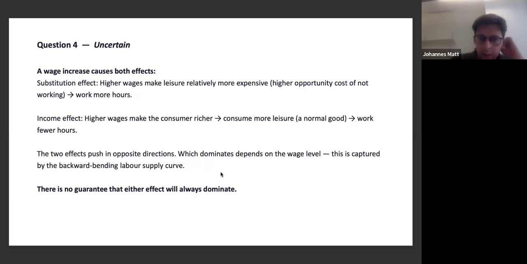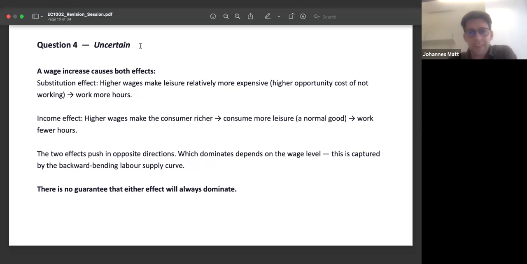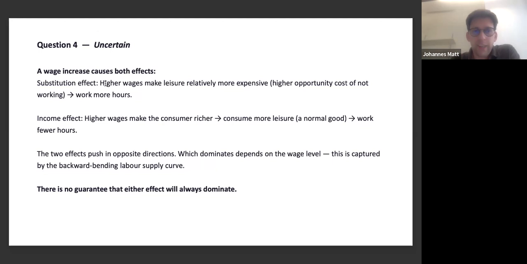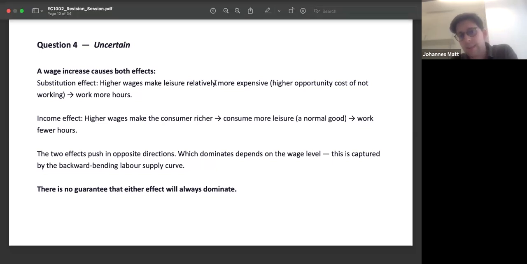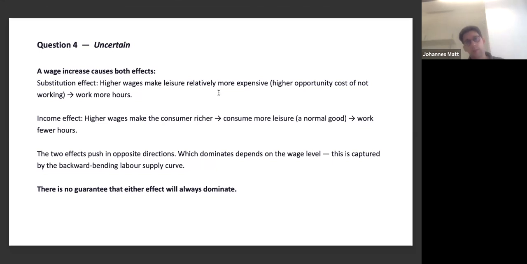So then Joey is asking, what if there was a decrease in the wage? Would it remain uncertain? So for a decrease in the wage, just think about in this answer, everywhere where it says higher, we say lower, and everywhere where it says up, we say down. So for decrease in the wages, we can talk through this again, right?